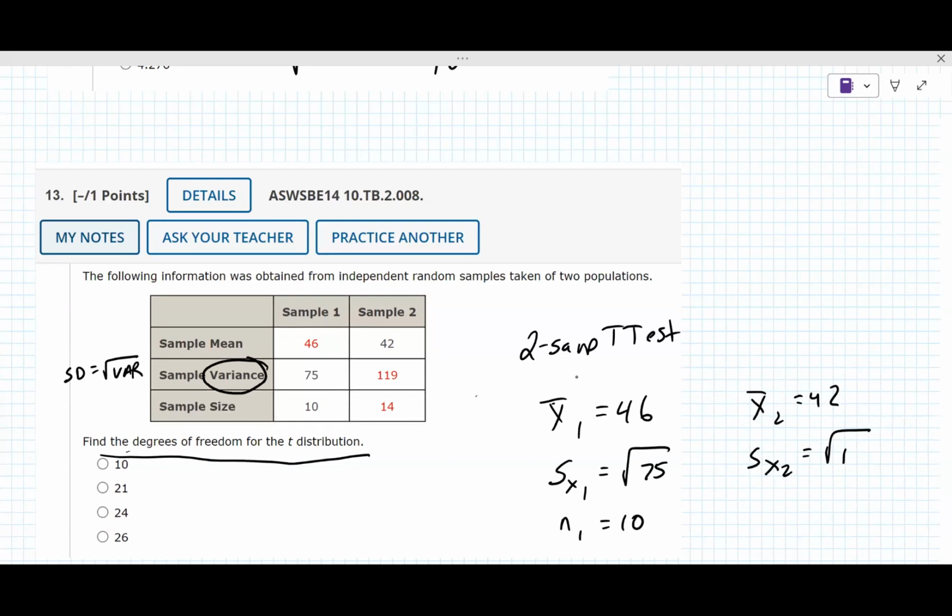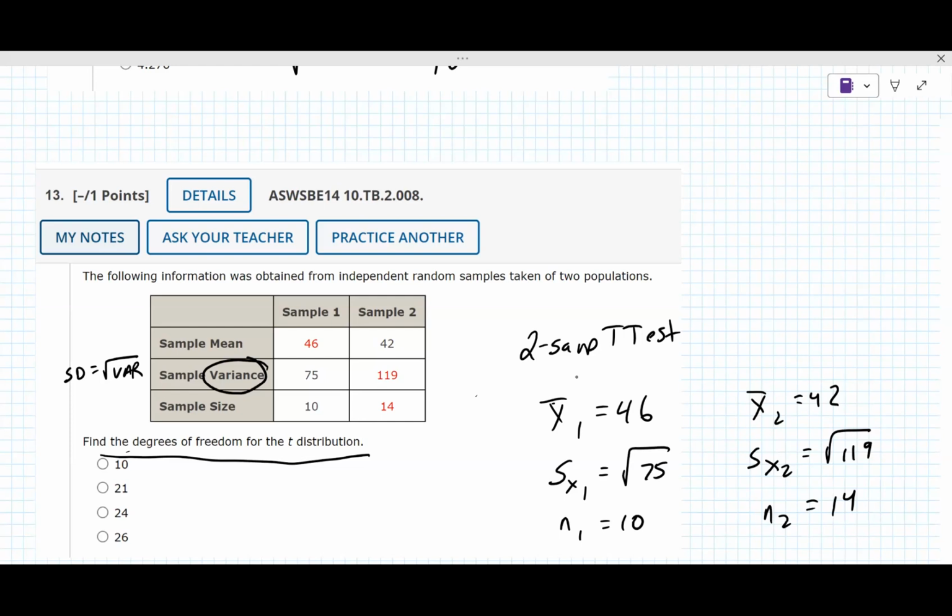Sx2 is the square root of 119. n2 is 14. And then not equal to, or doesn't matter for this one. Choose whatever you want. It doesn't have anything to do with the degrees of freedom calculation.